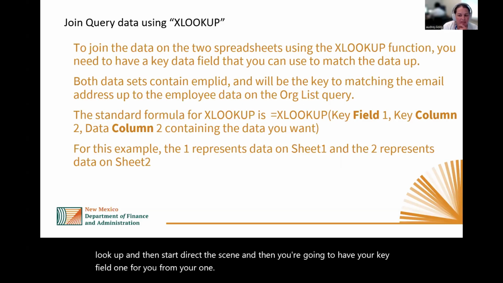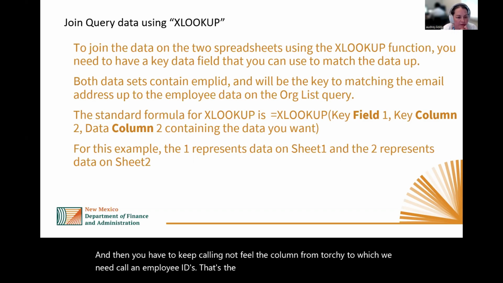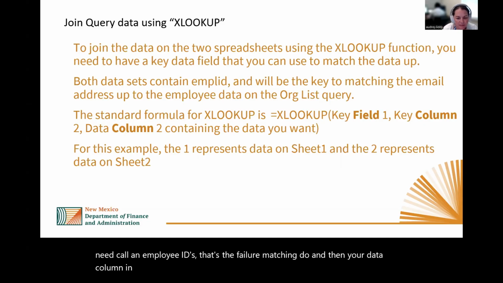And then you'd have the key column, not field, but column from your sheet 2, which would be the column of employee IDs. That's the field you're matching to. And then your data column from sheet 2 containing the data you want. In this case, the business email address.